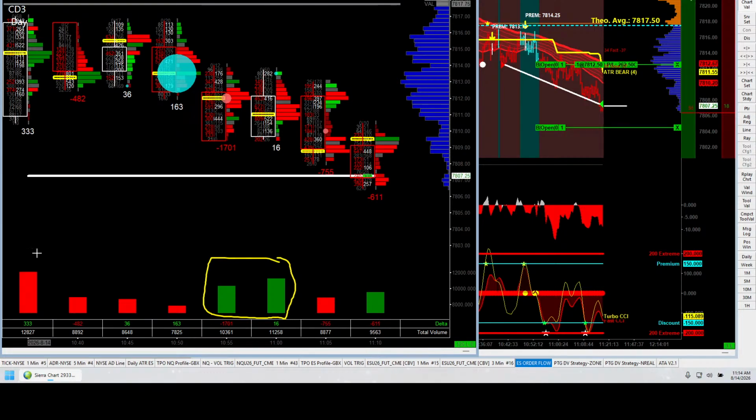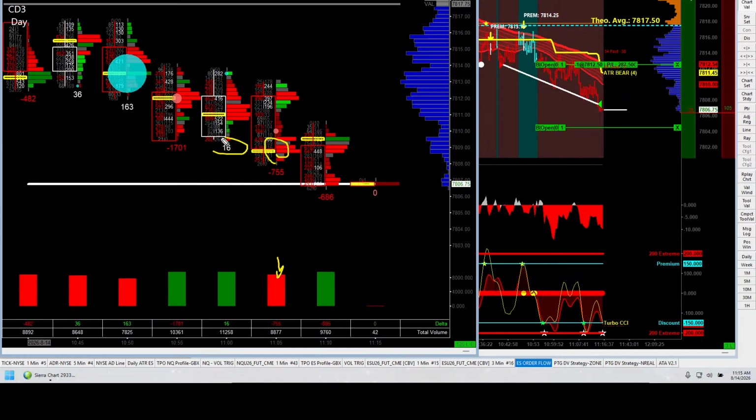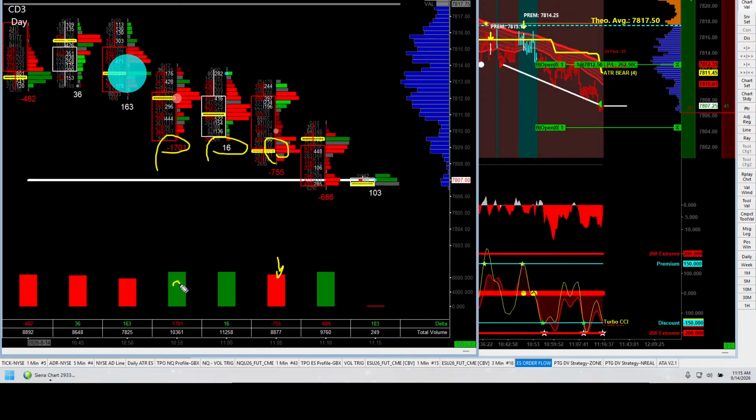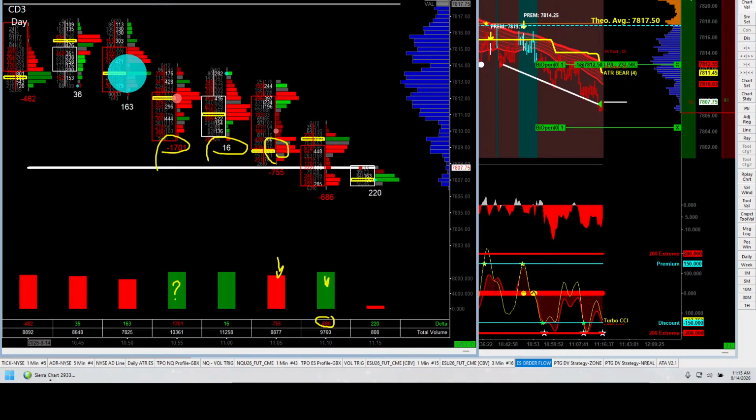I understand why this green one has positive delta and this one has negative delta, and the question is why is that green? It could be relative delta. I'm not really 100% sure. See, this one's green too, and it's a negative delta. I'm not 100% sure, John. I'll have to look into it, the Sierra Chart.